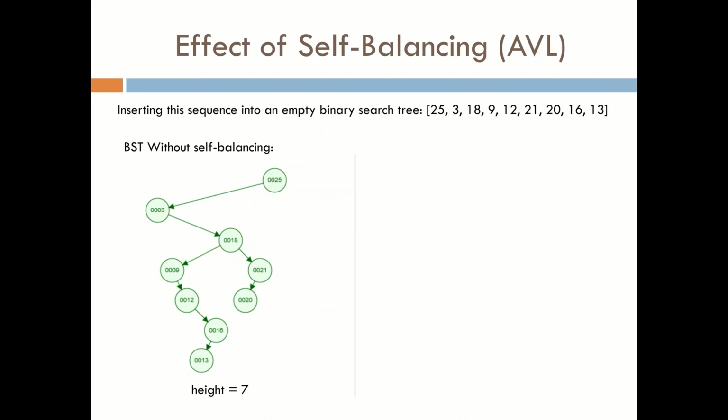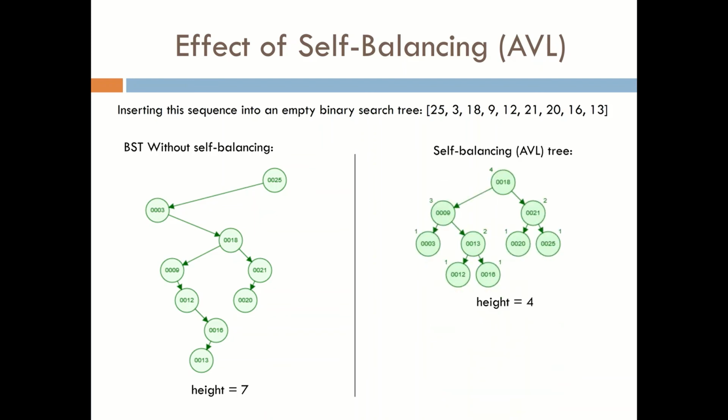Now let's look at an AVL tree. Using the AVL algorithm and inserting that same sequence of numbers into the tree yielded a tree of height 4. This means I would have to make no more than 4 comparisons, which would include both an equal, is equal to, and less than or greater than.